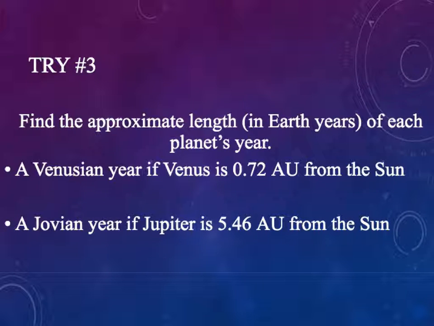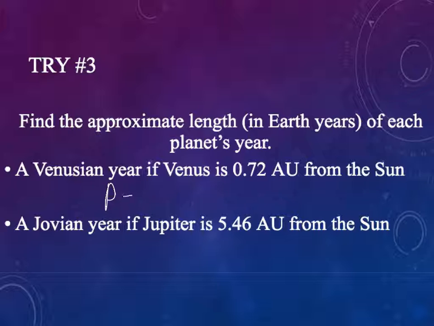All right, so here it says find the approximate length in Earth years of each planet's year. So again, we're just typing these into our calculator. So instead of 1.52 like we had on the last problem, these are now going to be their respective distances.